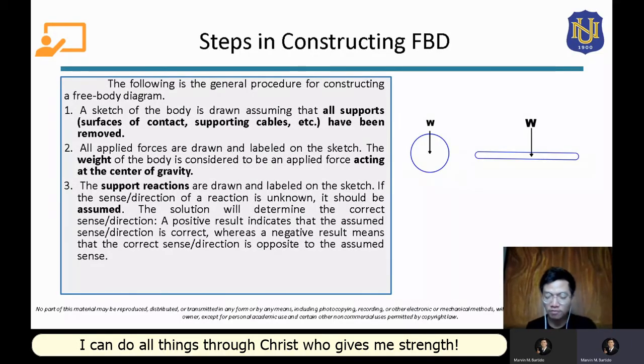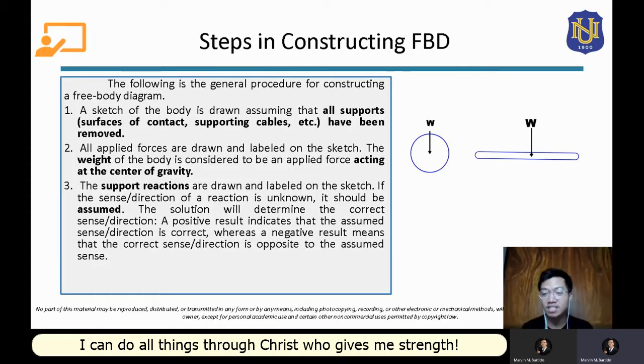If in your solution it turned out that, let's say you assumed a direction but the resulting answer is negative, that means your assumption of the direction is wrong.